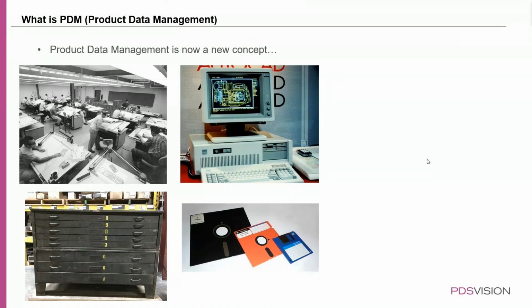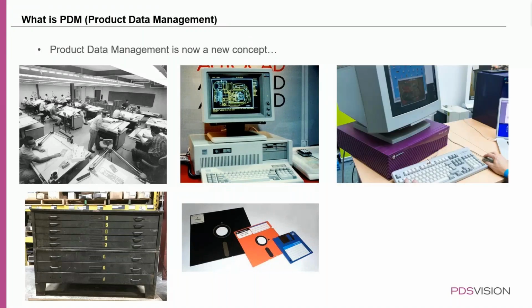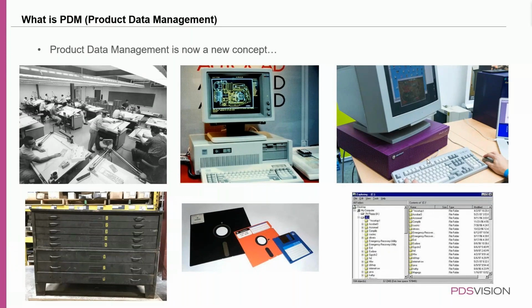I understand. But then we moved on, and now technology gave us faster computers, larger hard drives, as well as networking, which now we were able to store things either locally on our computer or on a network drive where we can share the files throughout our company.